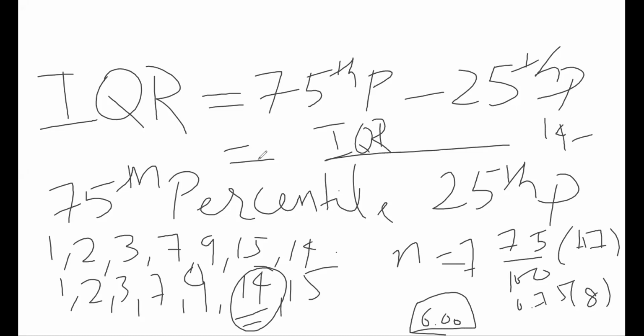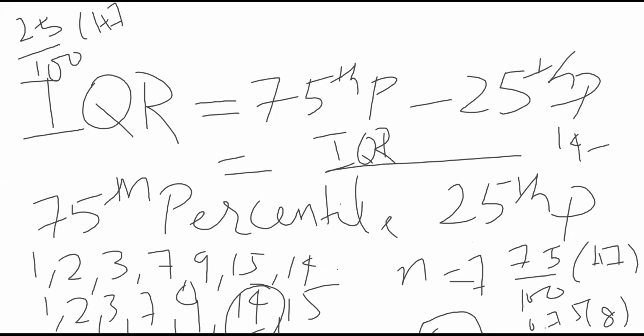Similarly, for the 25th percentile, 25 divided by 100 times (1 plus 7), which is 0.25 multiplied by 8, gives 2.